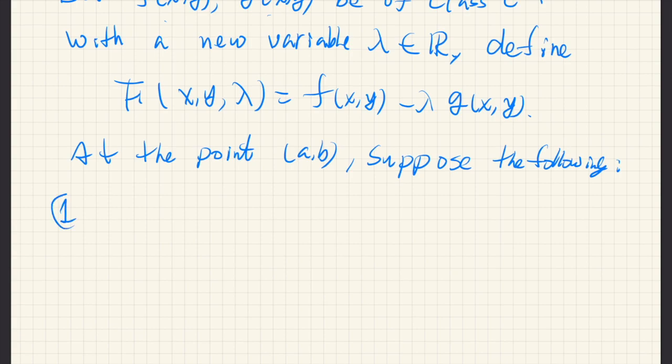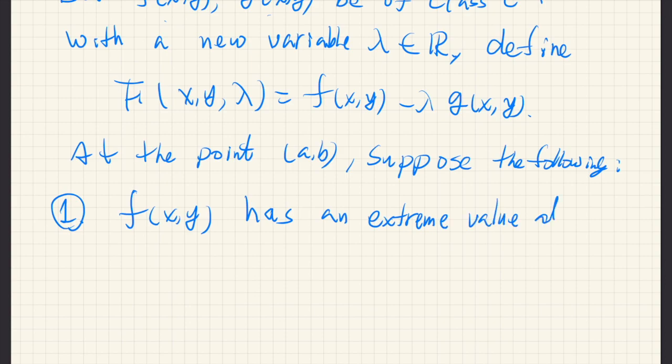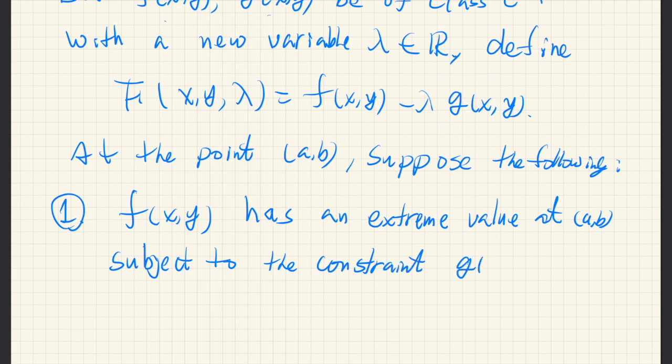First, the function f of x, y has an extreme value at (a, b) subject to the constraint g of x, y equal to 0.